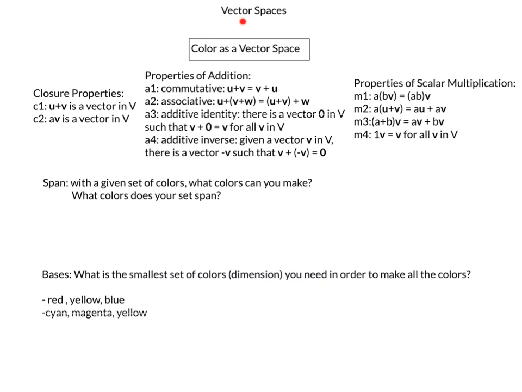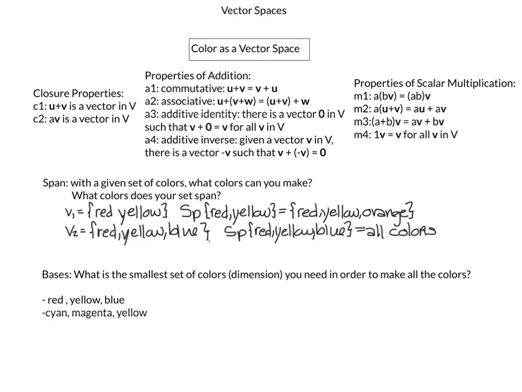When we go forward, we'll be studying other things in vector spaces, and we'll look at a concept called span. Using colors as our example, it means: with a given set of colors, what colors can you make? In other words, what colors does your set span?